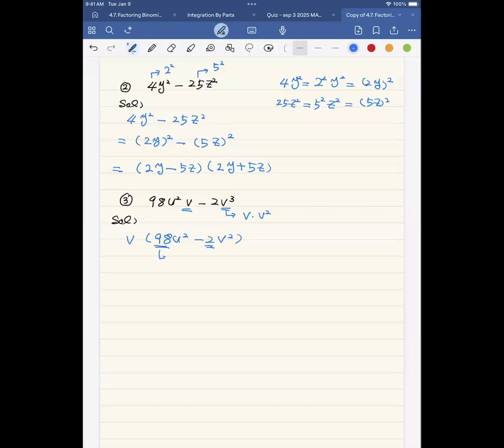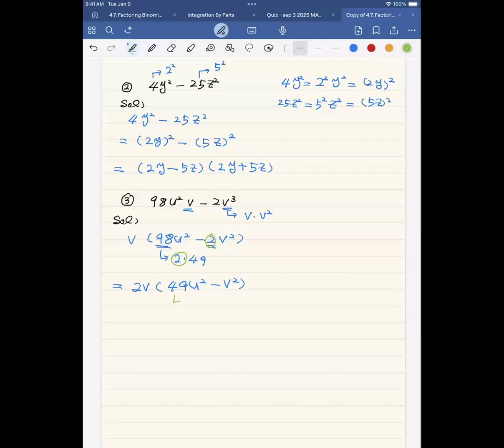So the common factor is 2. So 2 times 49, we take out 2 here. Then we have 2v times 49u squared minus v squared.